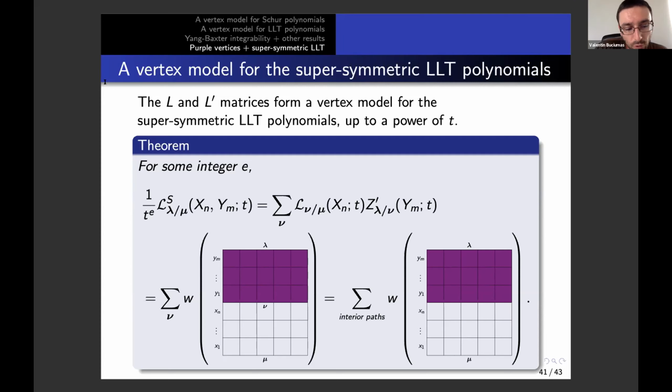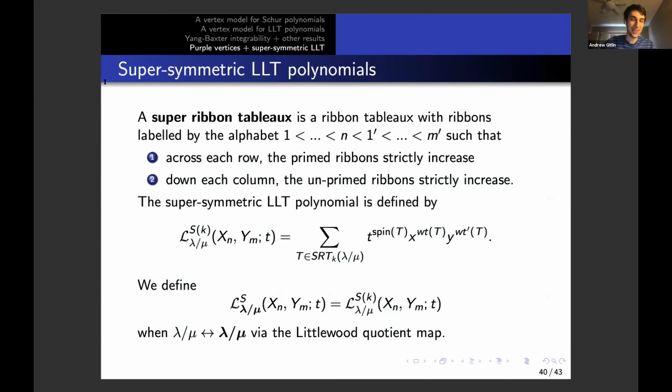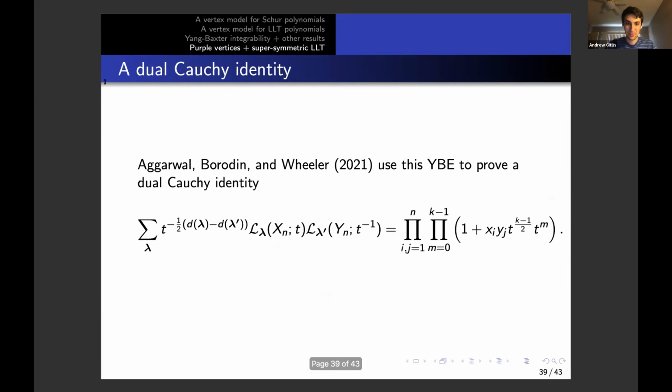Do you have any quantum group interpretation of your solutions to the Yang-Baxter equation? Yeah, so a lot of this talk was mostly in the world of combinatorics. But there is a way to interpret these in terms of quantum groups.